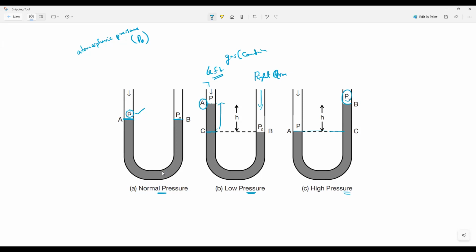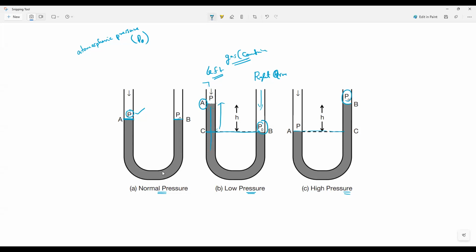All of you understanding? In both cases, once again, observe very carefully. The C point is our basic level. The C point in the left arm and the right arm is actually the equal point. If the pressure in the gas cylinder is less than the atmospheric pressure, then the liquid will rise on this side.